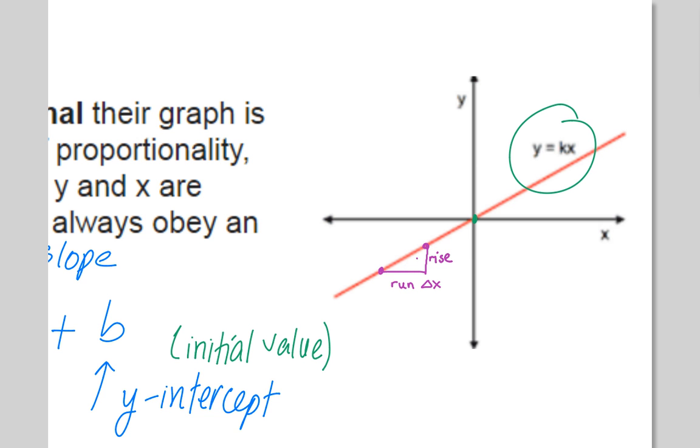If delta x is the run, what's the rise? Delta y. Good. So for the slope, what's the slope? This value here, k. All you'd have to do is go k equals rise over run. Or in physics, you'd be like delta y over delta x. Done deal. You have to know how to do slope.